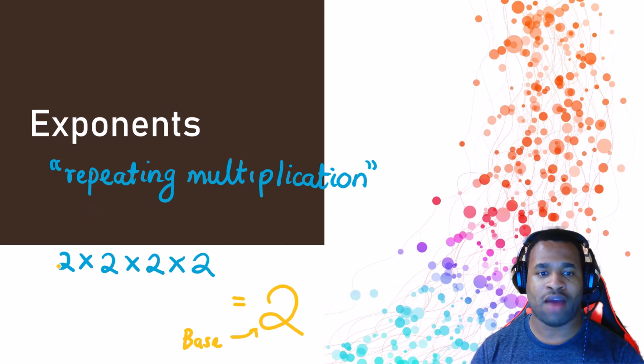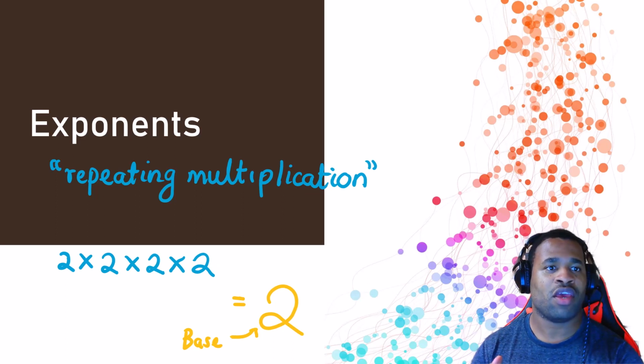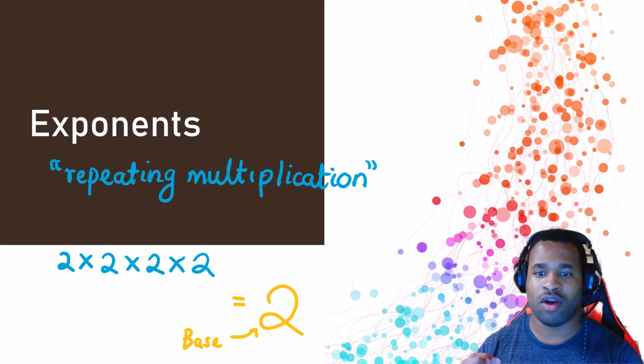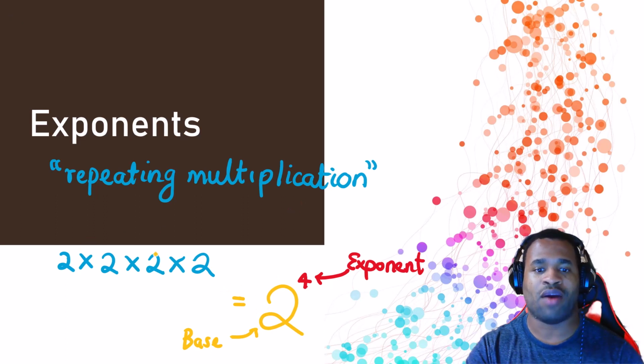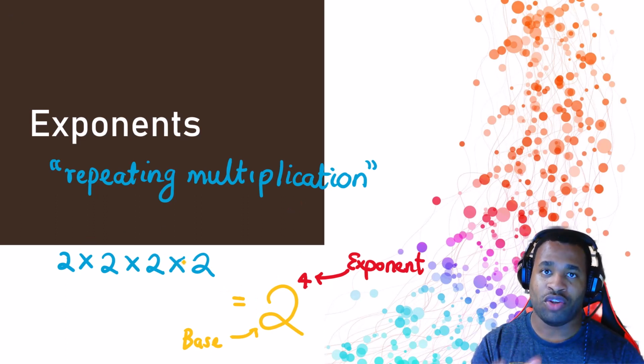Here we have 1, 2, 3, 4. We have 4 here, and therefore our exponent is represented as the number 4. Looking at the exponent, the exponent tells you how many of the base you're multiplying, and that is how it is shown based on numbers.